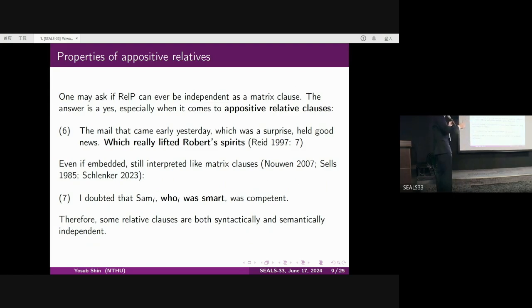And even though they are embedded, as we can see in example number 7, they are still interpreted as if they are independent matrix clauses. We can prove this because this embedded appositive relative clause does not contribute to the truth condition of the whole clause. So we can say that some relative clauses are both syntactically and semantically independent. So we can also expect some kinds of independent matrix relative phrases in Austronesian languages.